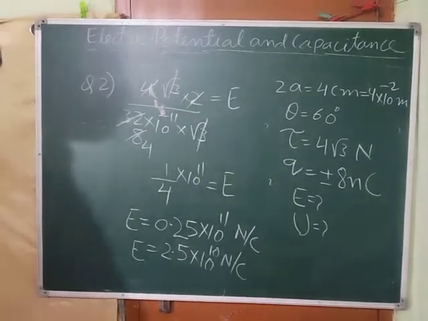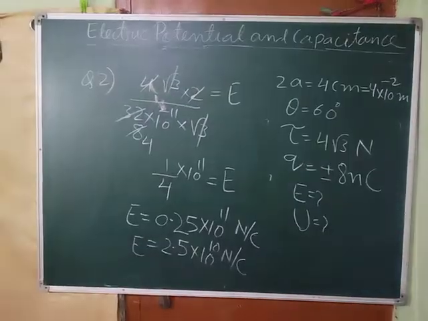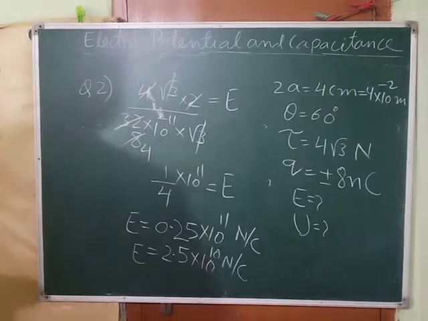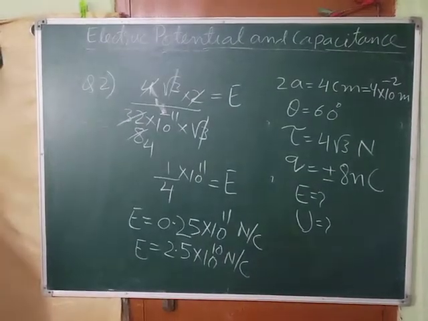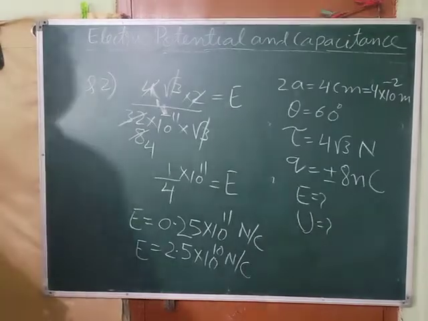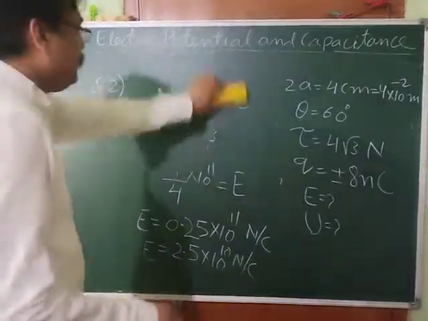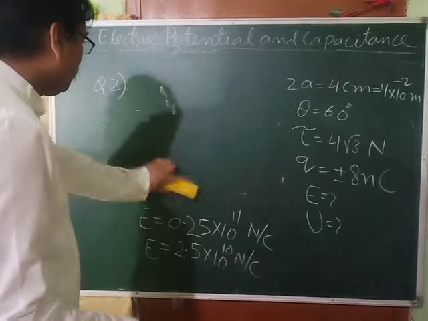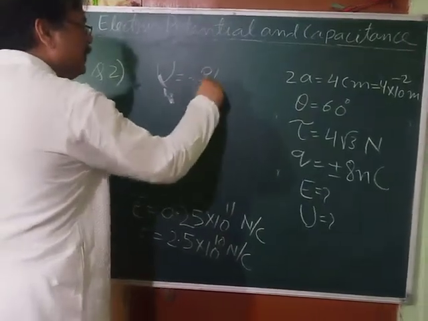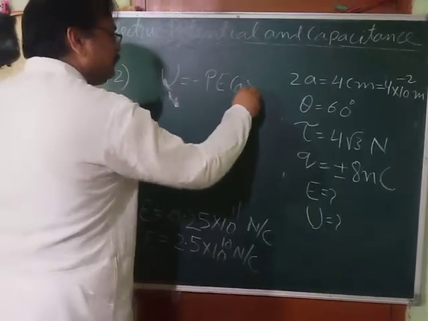Now we have to calculate the potential energy for the same situation. So how to calculate potential energy? What is the formula? For that, please note it down so that I can remove and go ahead. Done? What is the formula for potential energy? U is equal to minus PE cos theta.